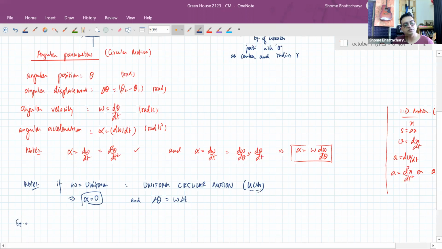So for example, you have the motion of the seconds hand of a mechanical clock.